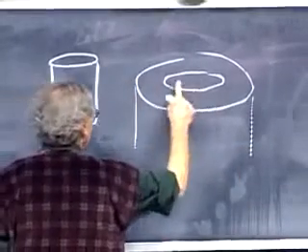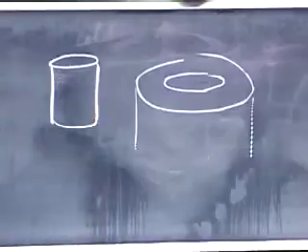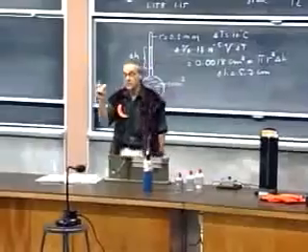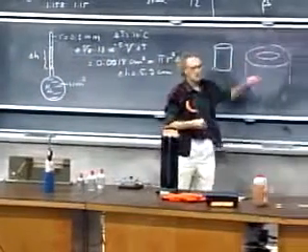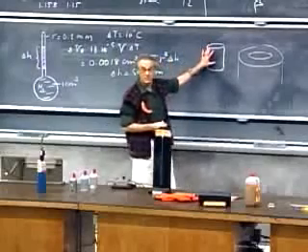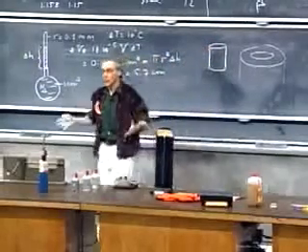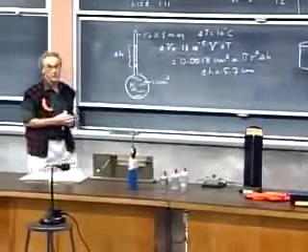This opening is smaller than this. Just a little smaller, purposely made that way. You heat this one, it expands, and then you put it over here, it will fit, and then you let it sit, it cools, and it tightens itself up. That's called shrink fitting, a technique which is often used.